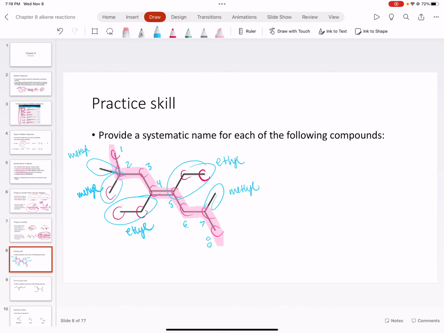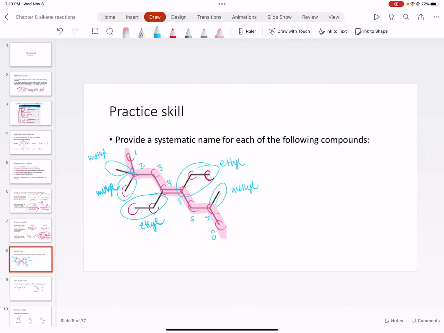Okay, so I feel like we're kind of ready. I do have to name my parent chain though. Since we have an 8 carbon sequential chain that contains a double bond, we know that we have oct, but since it contains a double bond, it's going to be called octene.